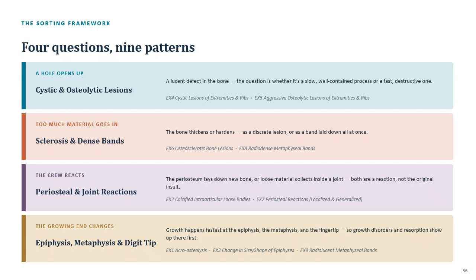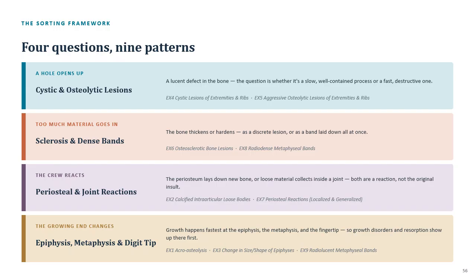The third question or pattern: is the bone reacting to something? The periosteum may lay down new bone, or calcified material can collect inside of a joint. If we're seeing these types of findings, it tells the radiologist or the doctor that the body might be responding to some sort of underlying problem that the patient might be having.